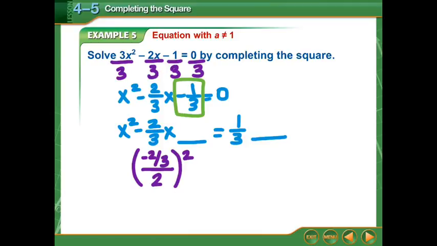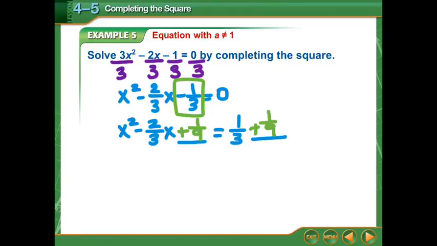And then when I square a negative 1/3, that's going to become positive 1/9. So use your calculator if you're not sure about it. I'm going to be adding 1/9 to both sides of the equation. Remember, whatever you do to one side, you have to do to the other side. So that's why the 1/9 is on the right side as well.